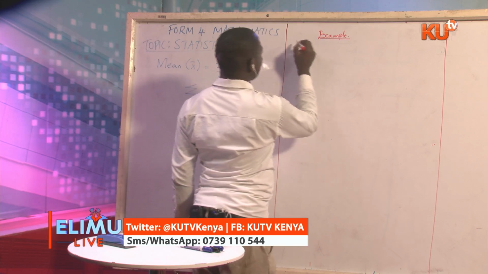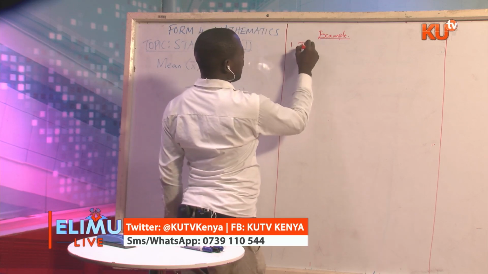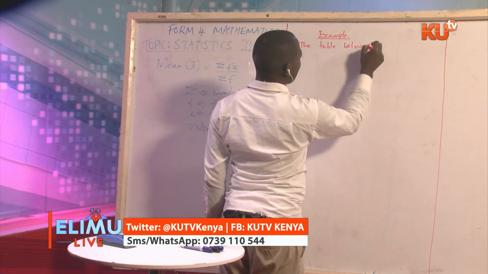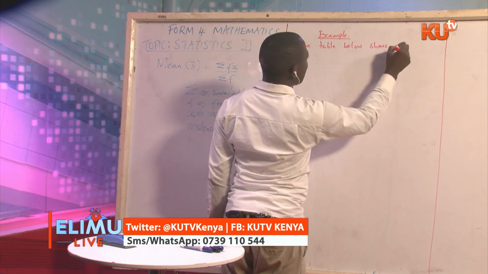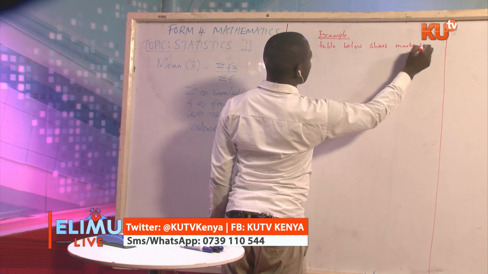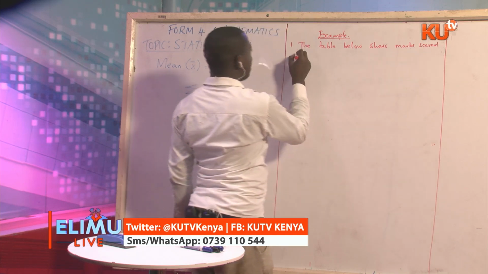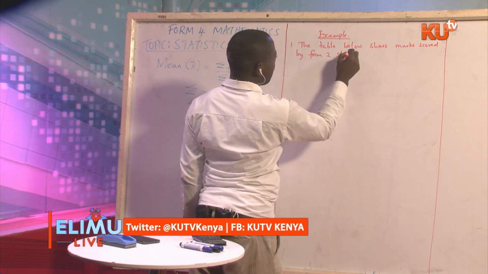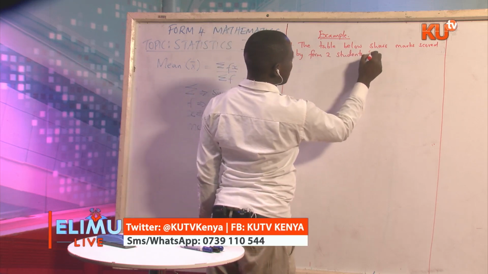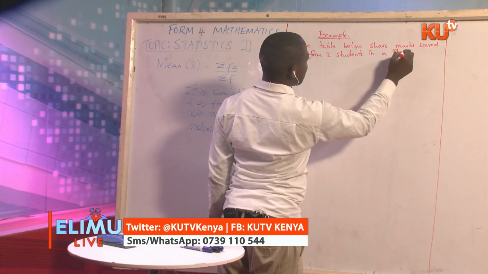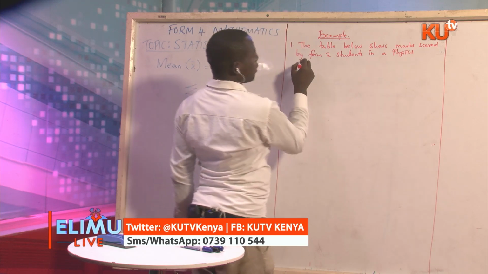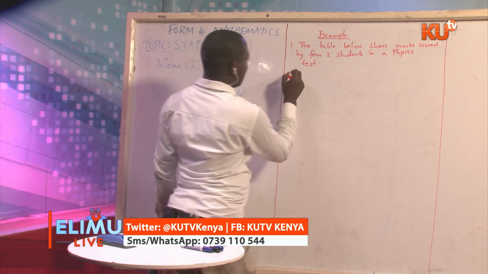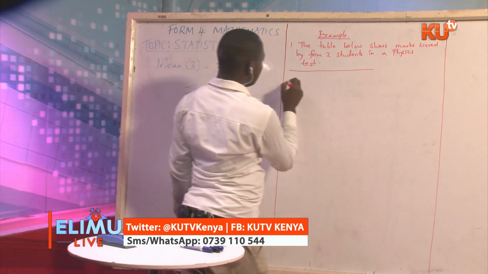Example number 1. The table below shows marks scored by Form 2 students in a physics test. And this is our data.